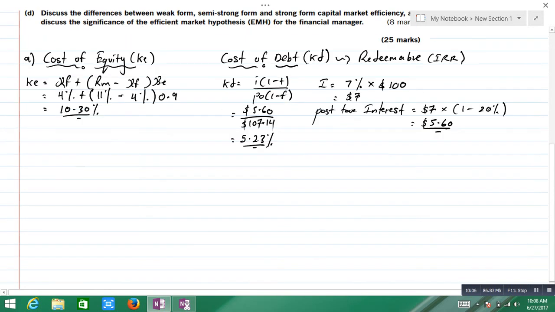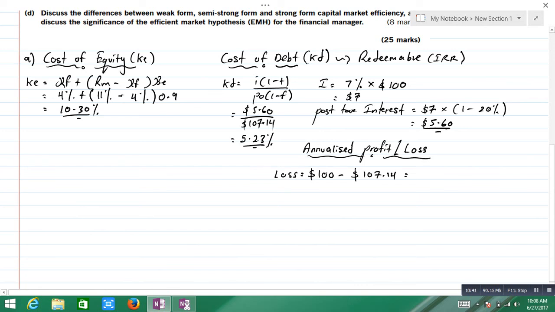Next, let's calculate the annualized profit or loss. Now, the redemption value is going to be 100 minus your market price, 107.14, and it's going to be a loss. Remember, it's going to be a loss because your redemption value is lesser than the market price.